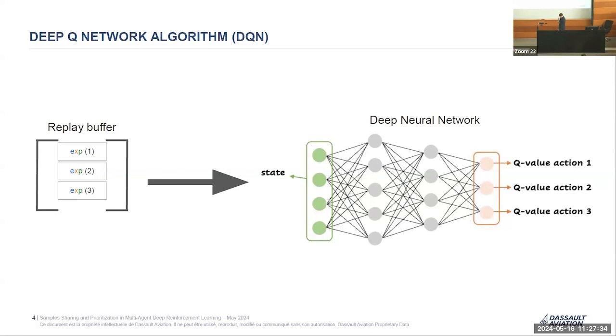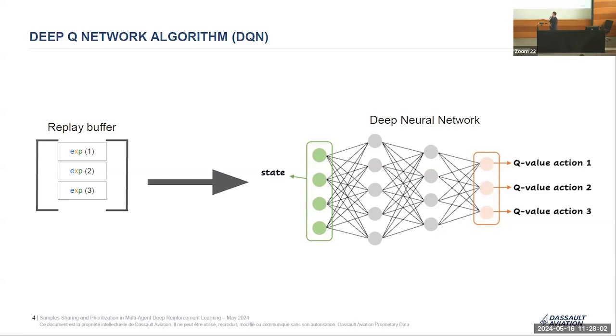So in this work, we're focusing on collaborative tasks and algorithms using a replay buffer. Among deep RL algorithms using a replay buffer, the most popular one is the DQN algorithm, the deep Q network algorithm, for discrete action spaces, and soft actor-critic for continuous action spaces.